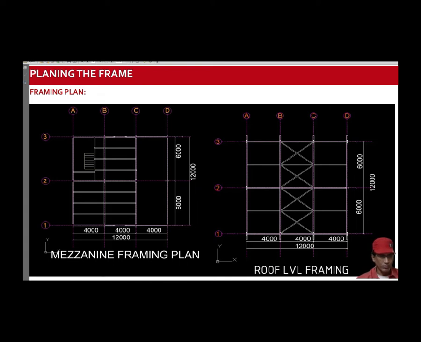The drawing on the left hand side shows the framing plan to carry the gravity load of the mezzanine floor. These are the main girders. This main girder in turn supports this joist, which in turn supports this deck slab.